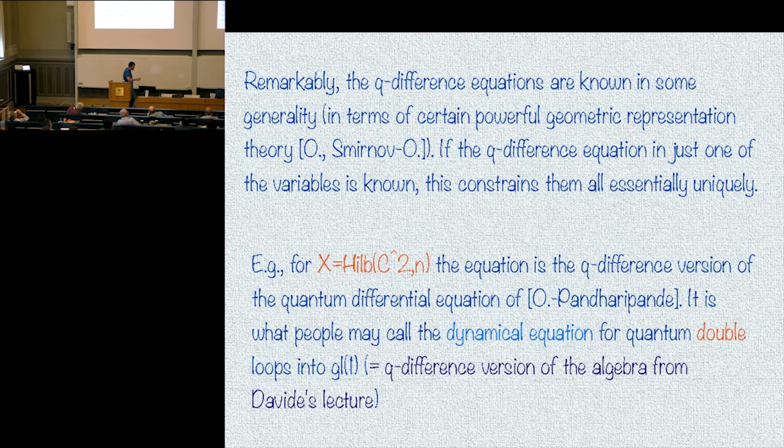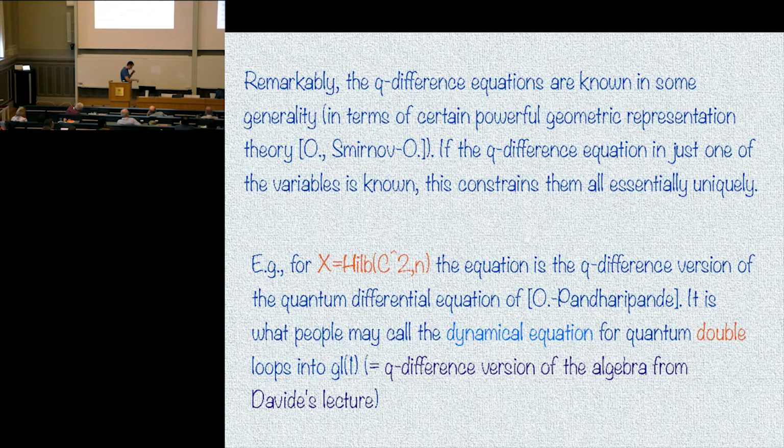And so, for example, for the aforementioned Hilbert scheme of points, the equation with respect to the one and only Kähler variable there is the q-difference version of the quantum differential equation for the Hilbert scheme of points. That's an older computation of Rahul and I. And this can be done explicitly. In fact, for every quantum group there is something people might call the dynamical equation.